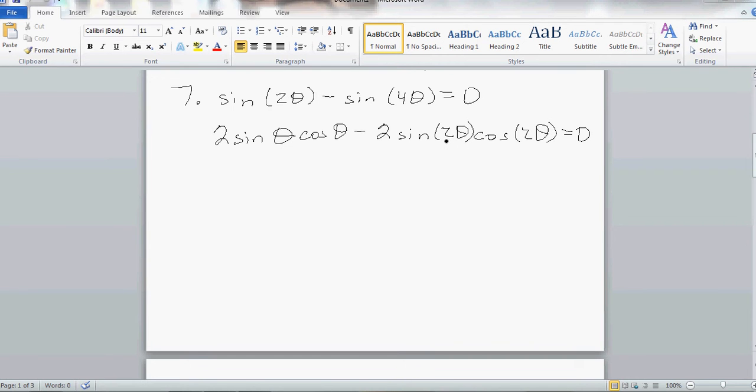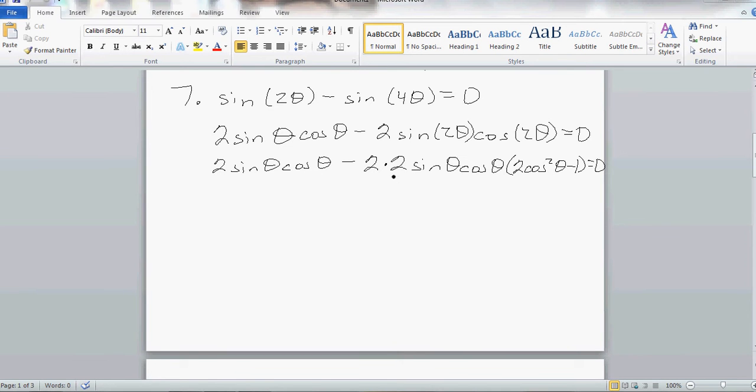Well, we can now split this up, the sine of 2 theta and the cosine of 2 theta, and we can use the double angle formulas there. So this will become 2 sine of theta cosine of theta minus 2 times, okay, the sine of 2 theta is 2 sine theta cosine theta, and cosine of 2 theta, I'm going to use the cosine version of it. And all of that will equal 0.